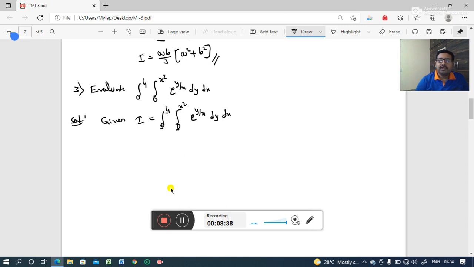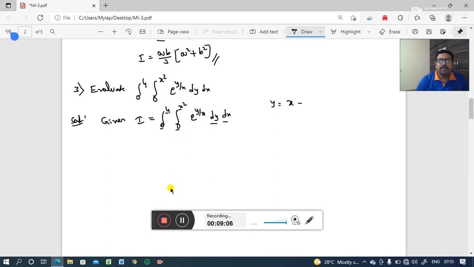So whenever they are giving variable limits, we need to identify what is the order of integration. Please keep in mind, we are not focusing on the variable; you need to focus on the given limits. Always remember this concept: if the limits are in terms of x, these are the y limits.